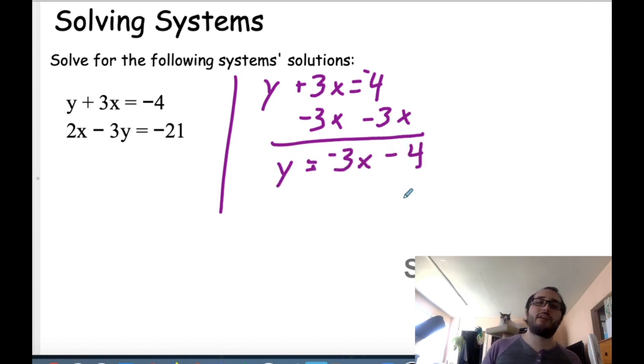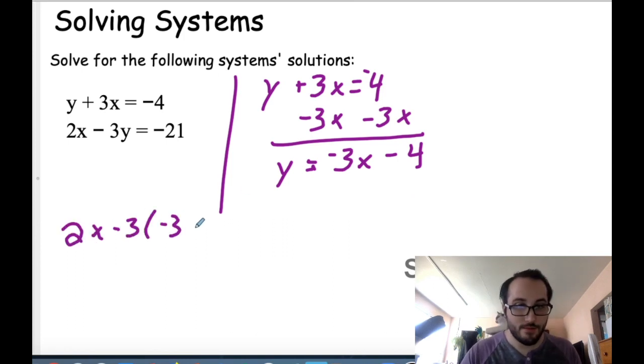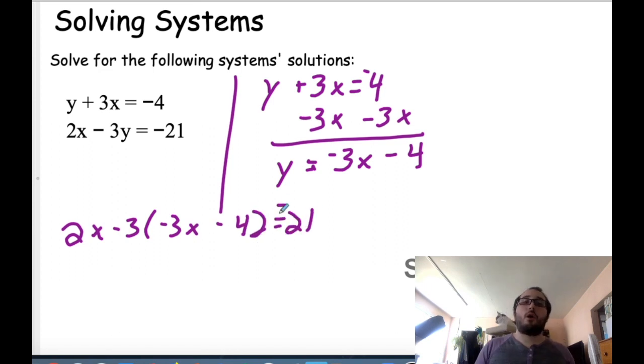Okay, now I have y by itself. I'm going to substitute y into my other equation. Now, all I gotta do is simplify and solve for x, then substitute back in and solve for y.